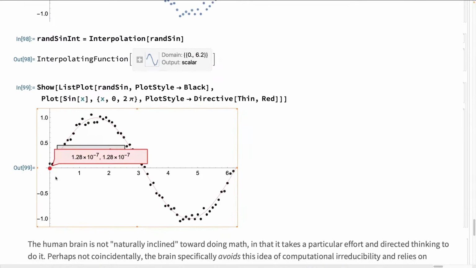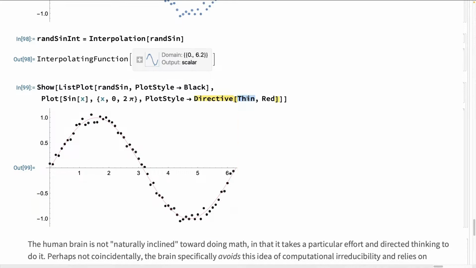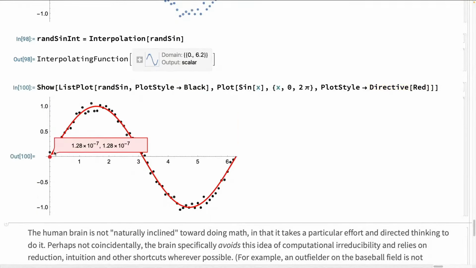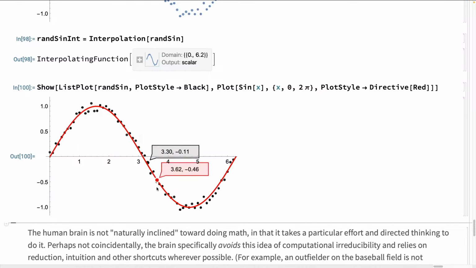So here we can see we've got our experimental data, and we've got what we can recognize as the ground truth.